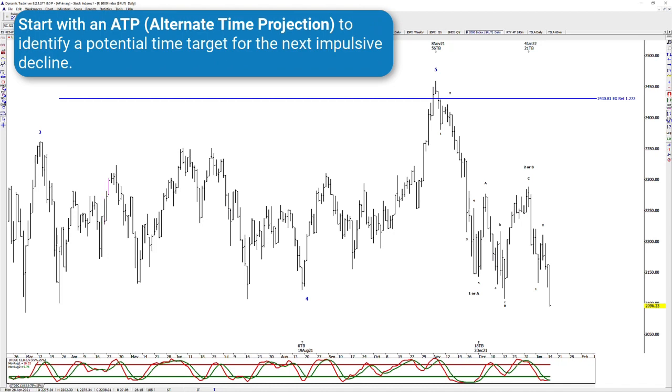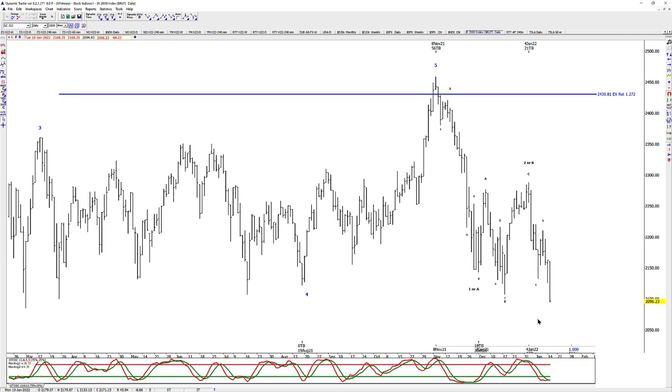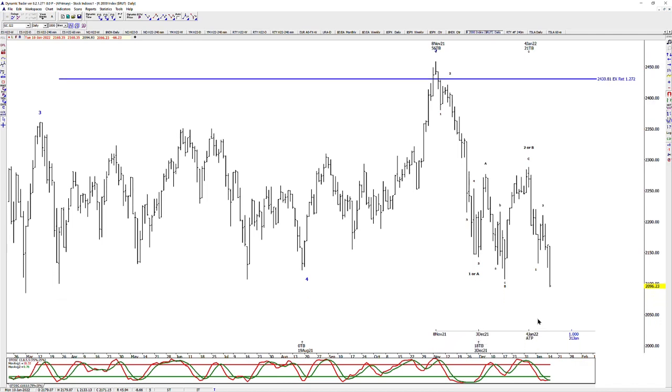Make sure we got this chosen. We want to do 1 and 162. We're going to measure off the wave 1 or A, and then we'll project out 100% and 162%.